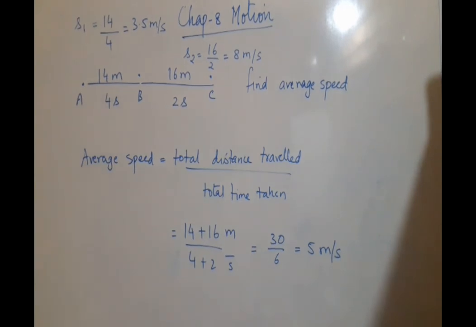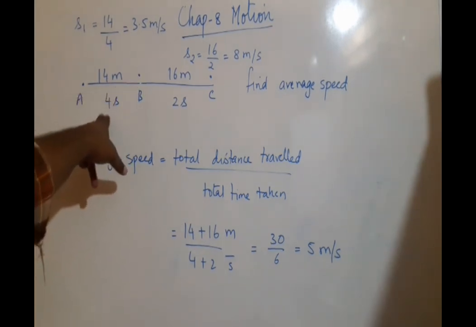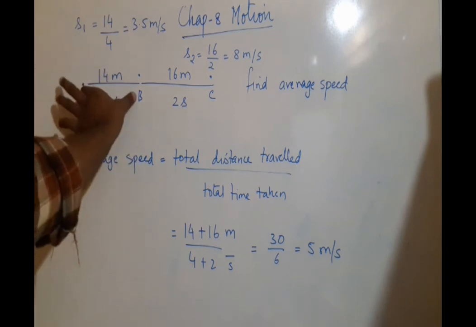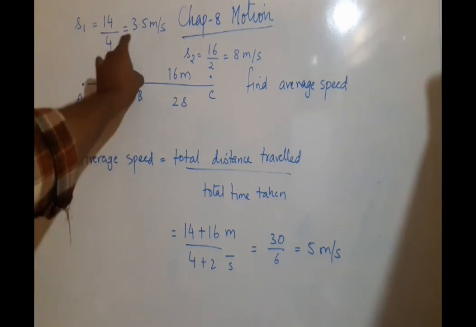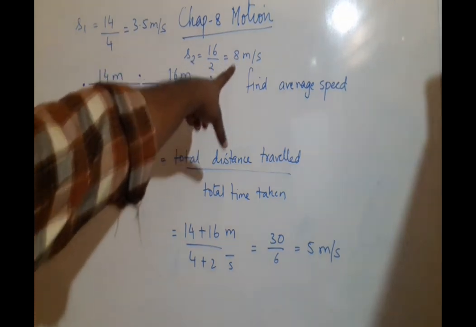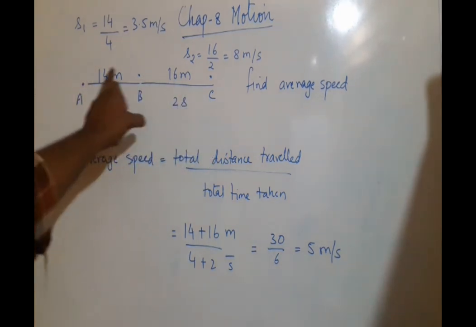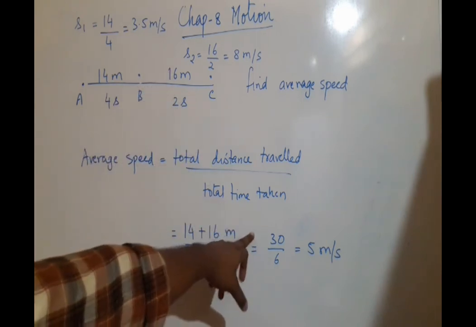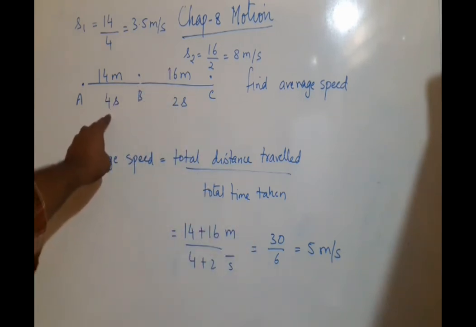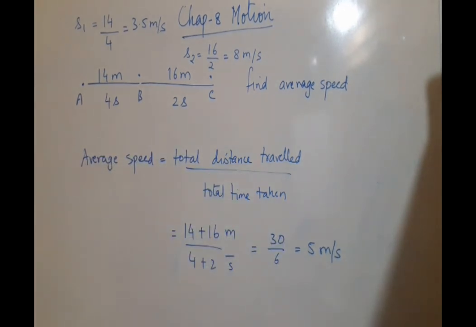So the average speed from A to B was 3.5, and from B to C the speed was 16 by 2, that is 8 meter per second. But looking at the overall journey, the total distance traveled from A to C is 14 plus 16, that is 30, and the total time taken is 4 seconds plus 2 seconds, that is 6 seconds. So 30 upon 6 gives us 5 meter per second.